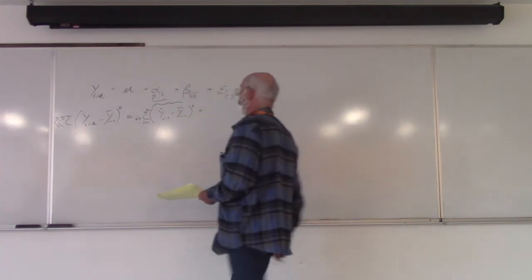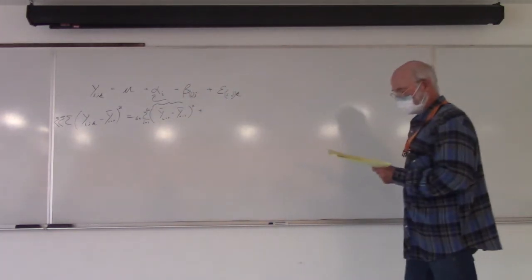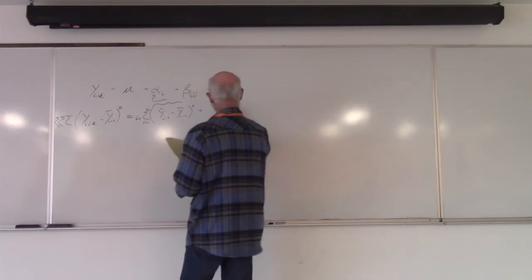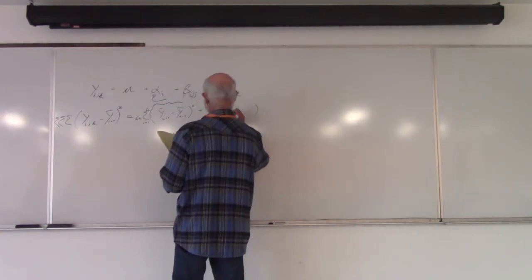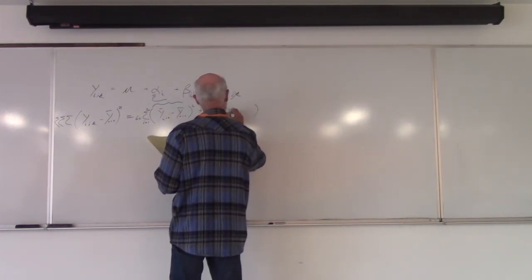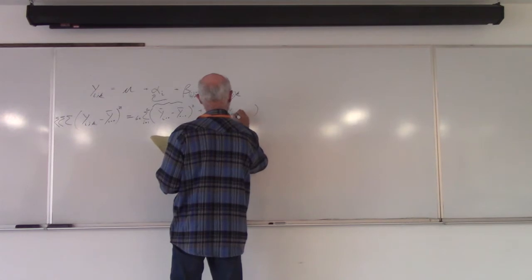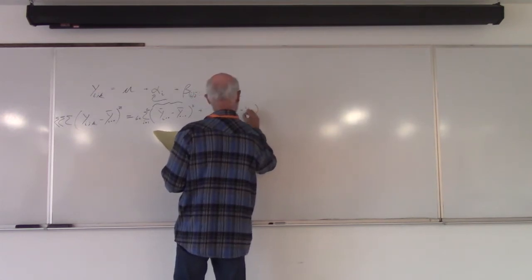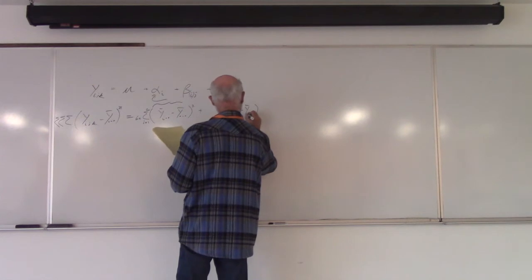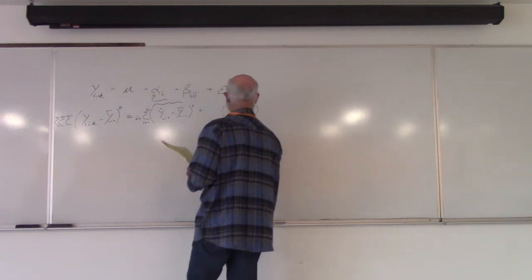Now let's try and figure out what the beta is. So my beta is going to be from yij dot bar minus y bar i dot dot.